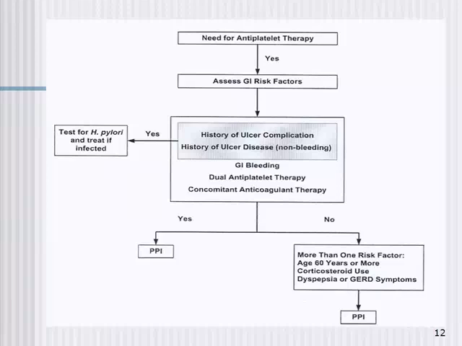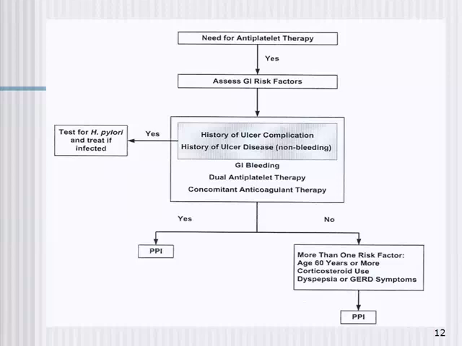And if you go to slide 12, this is a treatment algorithm taken from a combined white paper published by the American College of Cardiology and the American Gastroenterological Society, talking about where the use of prophylaxis with proton pump inhibitor therapy would be recommended.